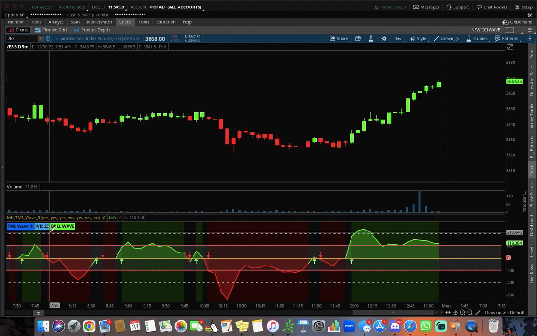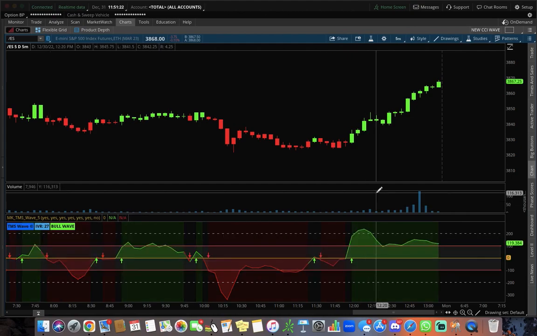You are low IV ranking, and so this basically is more an indicator to let you know that the market is moving in the direction of the trend and there's not a lot of volatility. So the premiums are going to be pretty decent to buy.